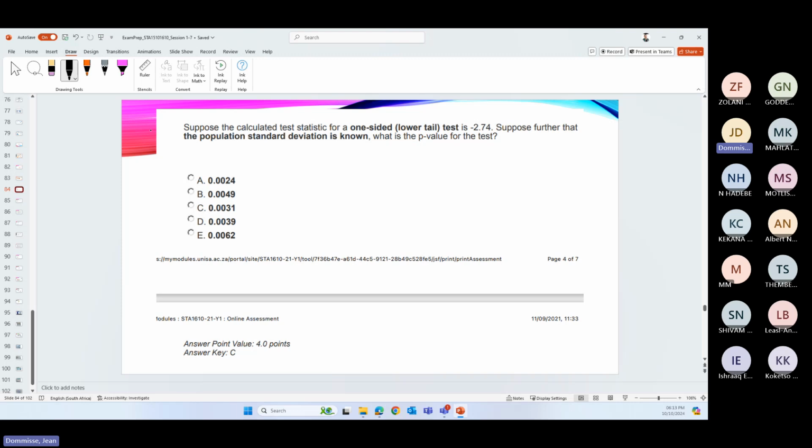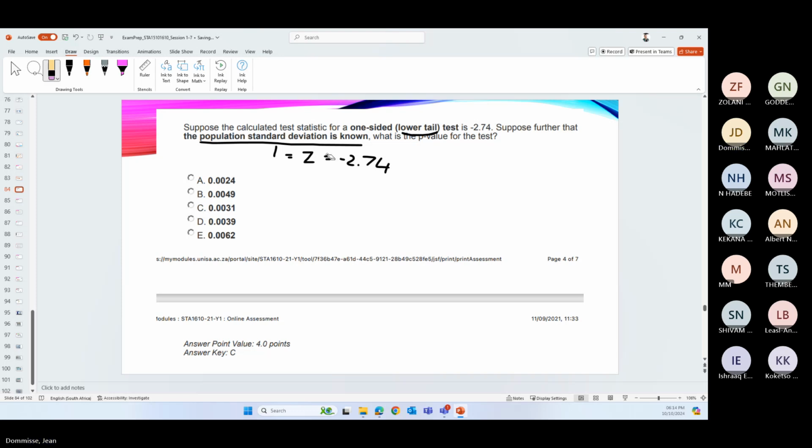So let's look at another one that was in the 2021 assignment. Suppose the calculated t-stat for one-sided, and they tell us lower tail, is minus 2,74. Suppose further that the population standard deviation is known. So that means we can work with a z. What is the p-value of the test? Okay, so we basically need to look at z of minus 2,74 and one-sided lower.